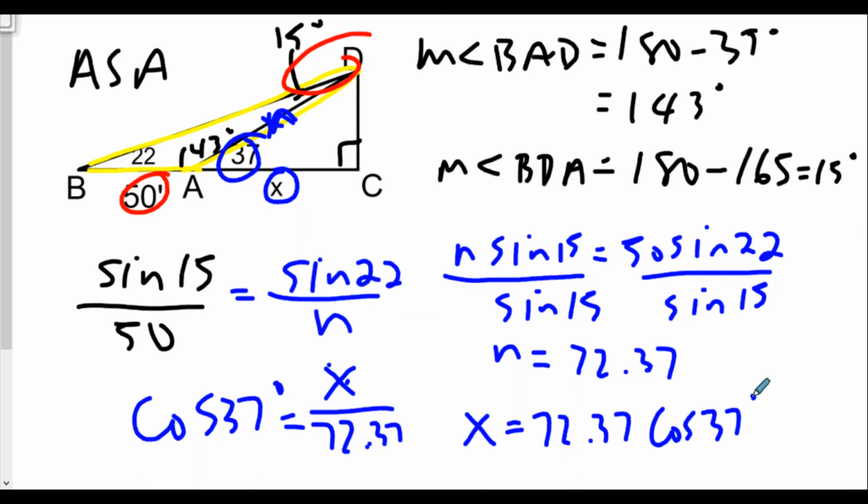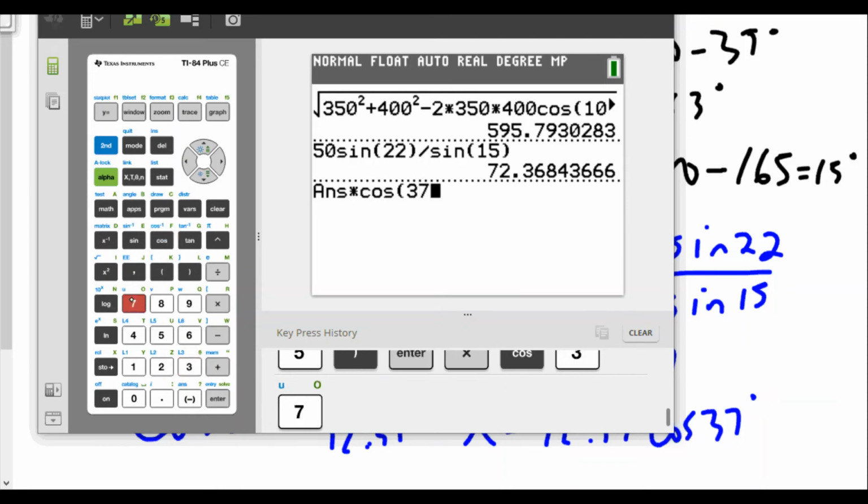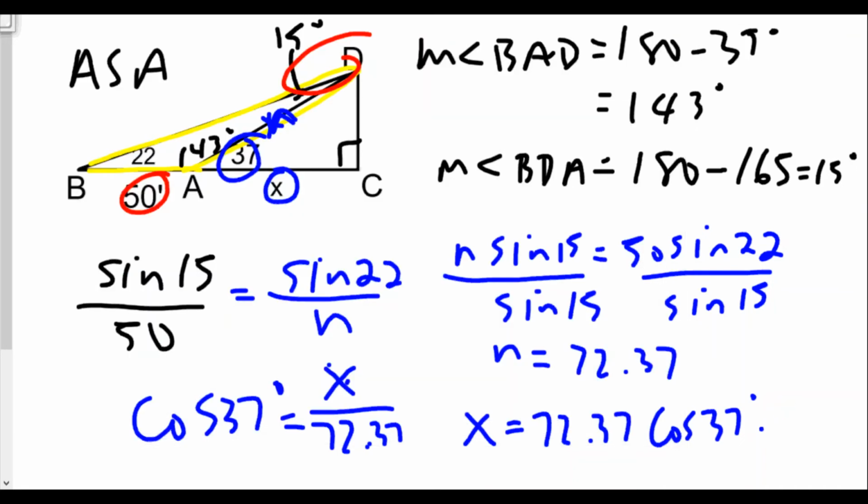We go back to the calculator, multiply the same answer from before by the cosine of 37 degrees, and we get 57.79, which approximates to 58 feet. So the width of the river is about 58 feet.